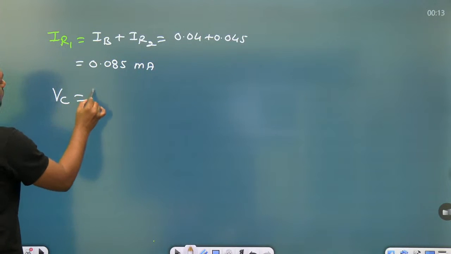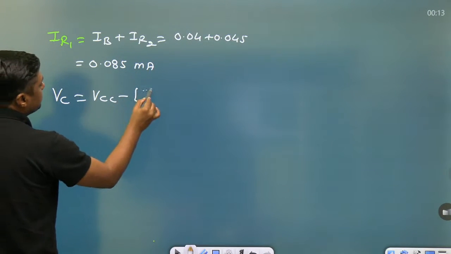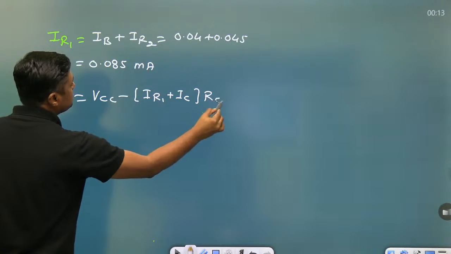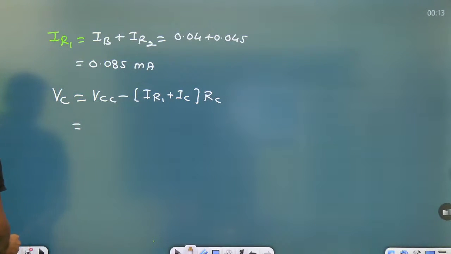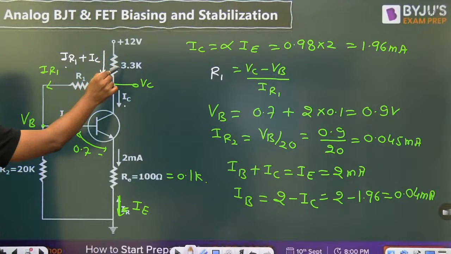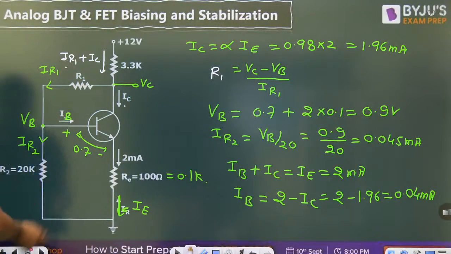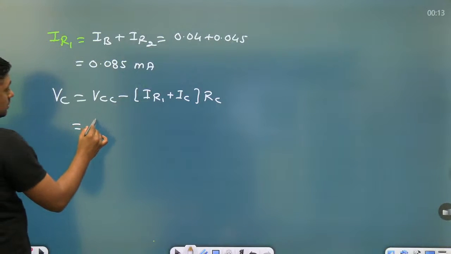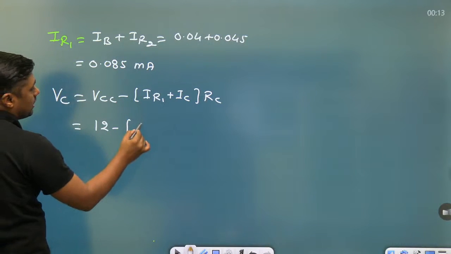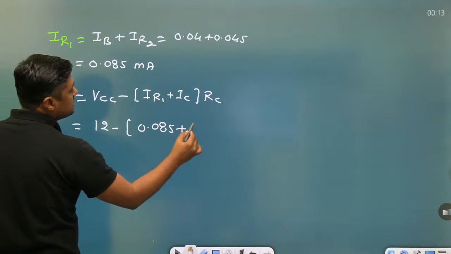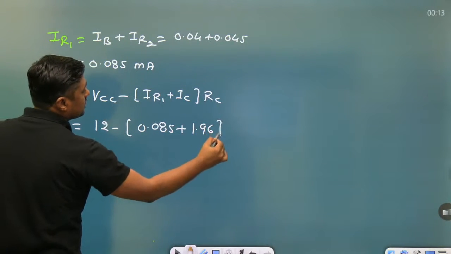So what is the value of the VC? VC is nothing but VCC minus IR1 plus IC into RC. So what is given in the question? VCC is equal to 12 volt. This is the 3.3. IR1, IC, we have the idea. 12 minus IR1 0.085, IC 1.96, 3.3.